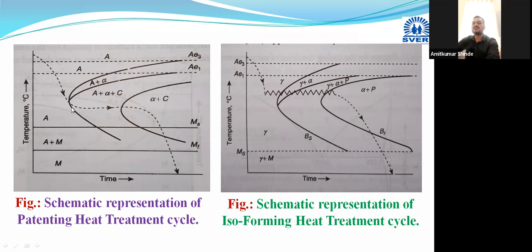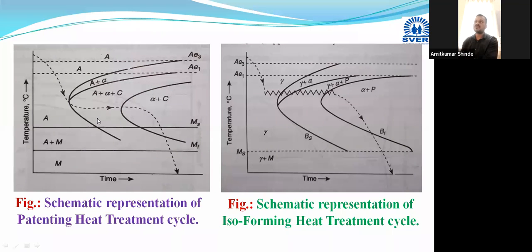Then at that nose temperature, we are holding that sample for a longer duration, and then we are cooling it in a suitable medium depending on our need. Depending on our need, we can use an oil medium or air medium. Whenever we are keeping a constant temperature for a few minutes or a few hours or a very long period of time, we are keeping that sample in molten salt baths.